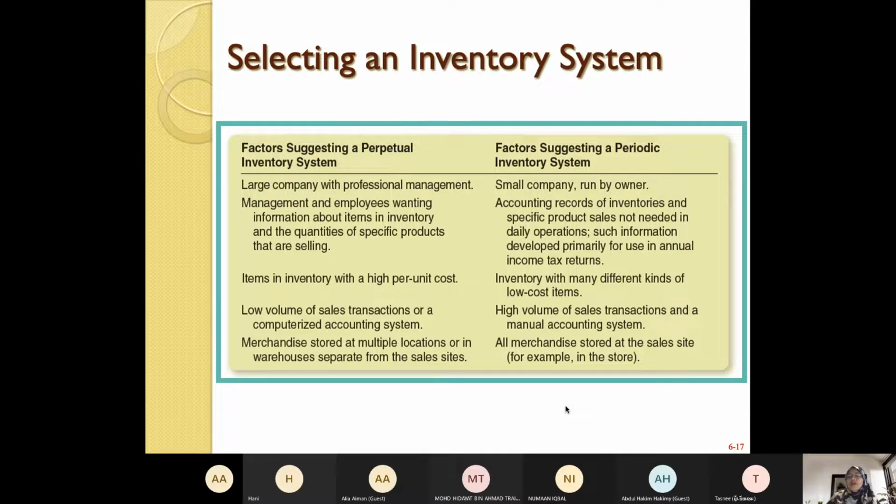But for the purpose of income tax, maybe they need to prepare simple financial statements. Only then do they need information about their inventory, right? So that's why they can rely on periodic only.